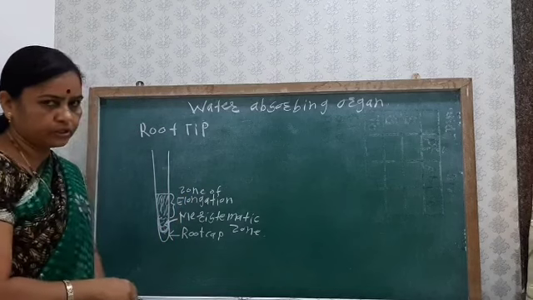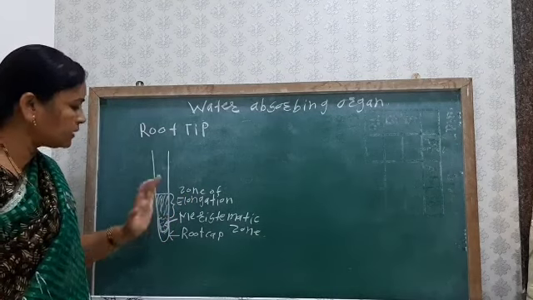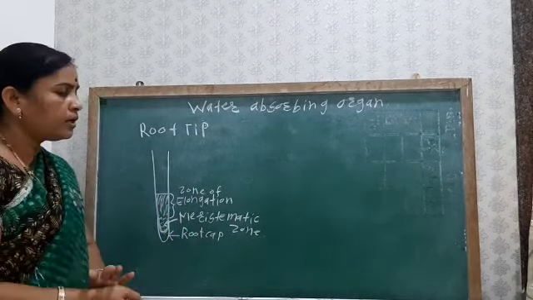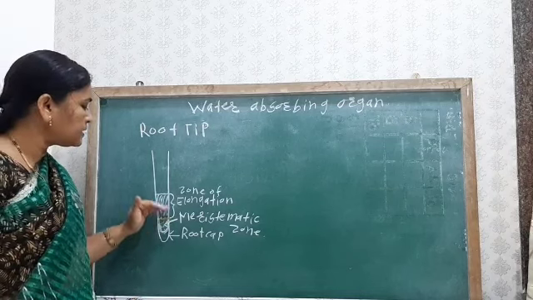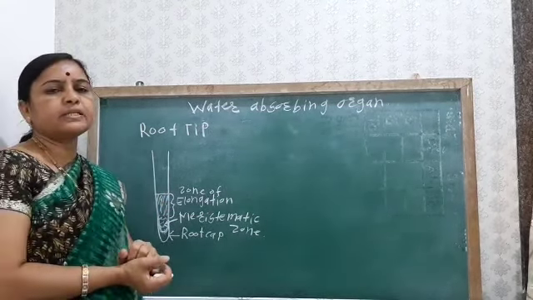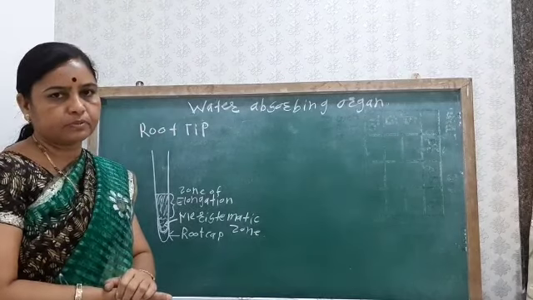Here the cells get enlarged. In the meristematic region the cells are immature and have a high capacity of cell division, but after the cell division the next phase takes place, that is cell enlargement, the zone of elongation. So here the elongation of the cells takes place.